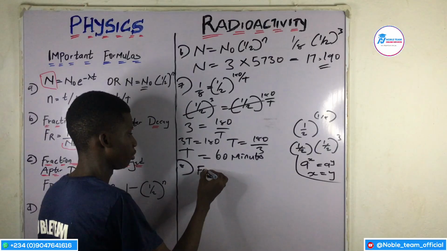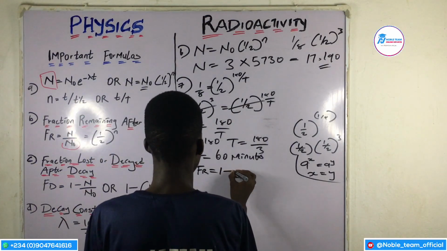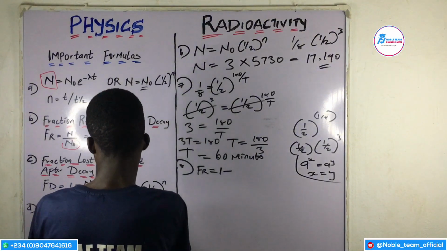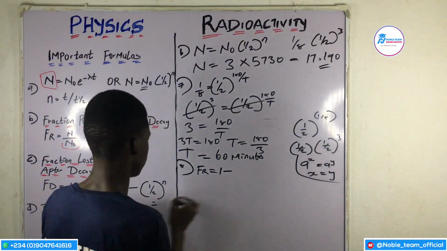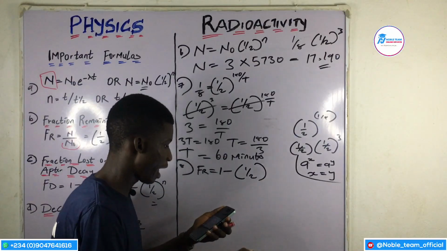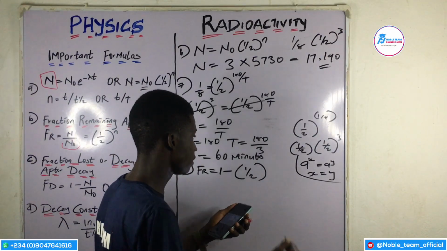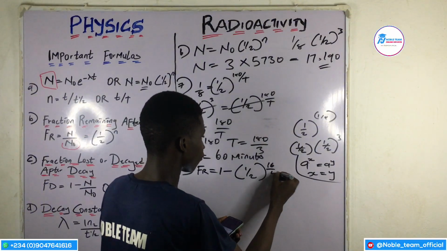Fr is equal to, we are using this formula, 1 minus (1 over 2) raised to power n. Our n is going to be 16 days divided by 4.